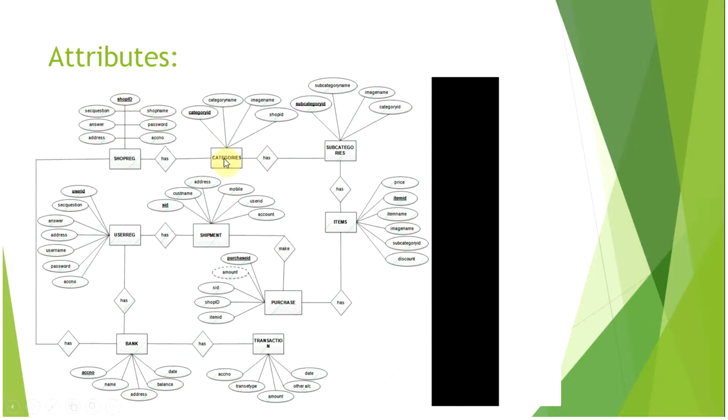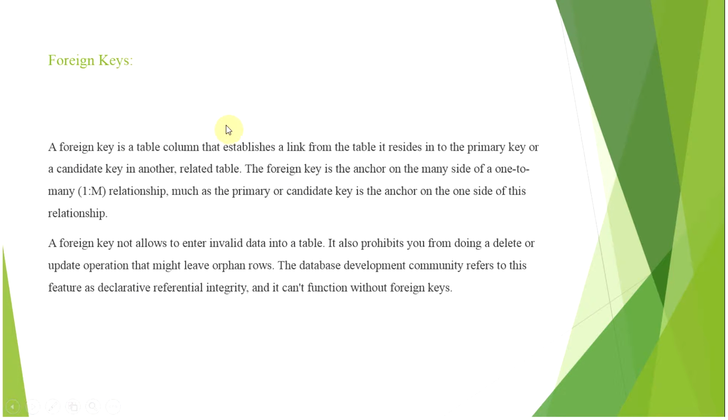In the same manner, categories has shop ID as a foreign key. A primary key in one table is a foreign key in another table.